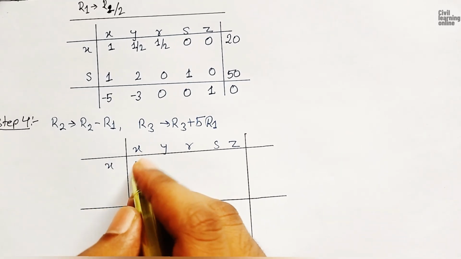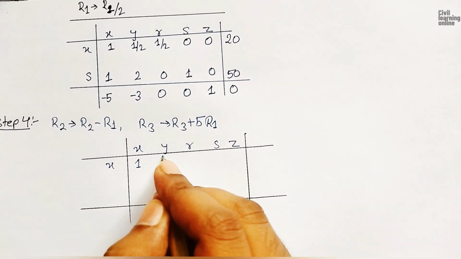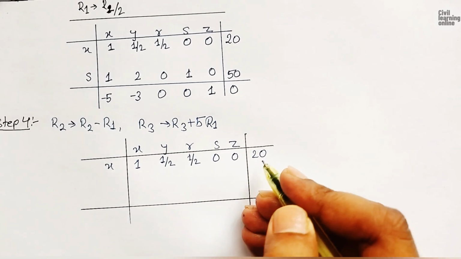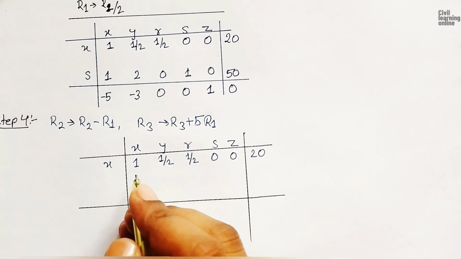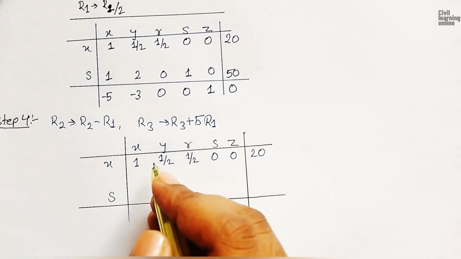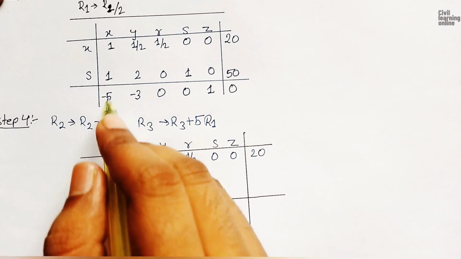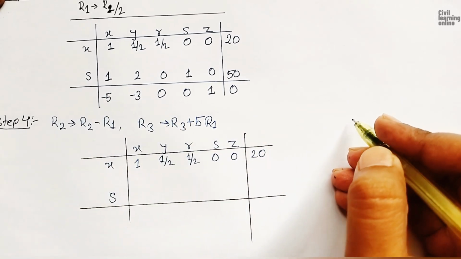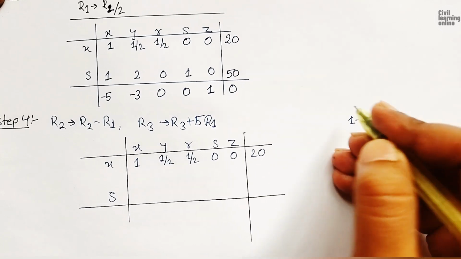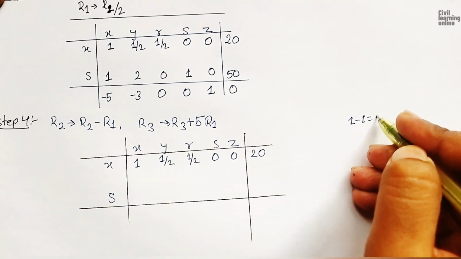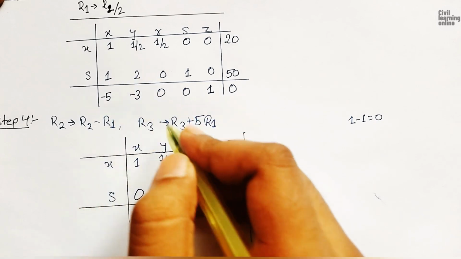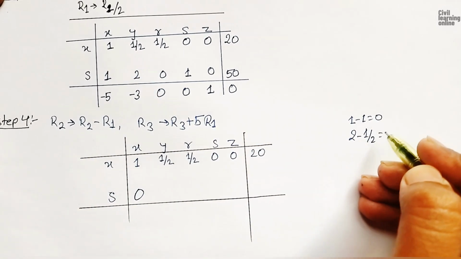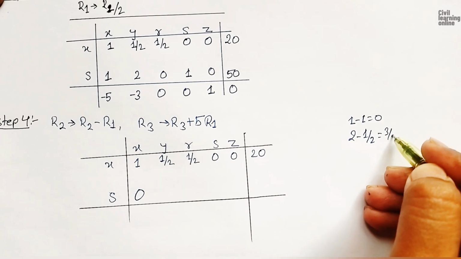So the first row is as it is: 1, 1 by 2, 1 by 2, 0, 0, 20, and now we have S. Now see here we have R2 minus R1. For R2, 1 minus 1 we will have 0 here. Similarly, 2 minus 1 by 2 is 4 minus 1 over 2, that is 3 by 2.